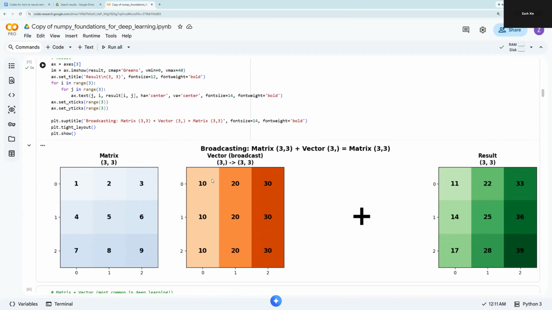If you have 10, 20, and 30 as the bias vector, and you perform the plus operator on the 1 by 3 matrix, it expands or stretches the smaller bias matrix to match the dimensions of the left-hand side, so that you can perform a proper matrix addition.